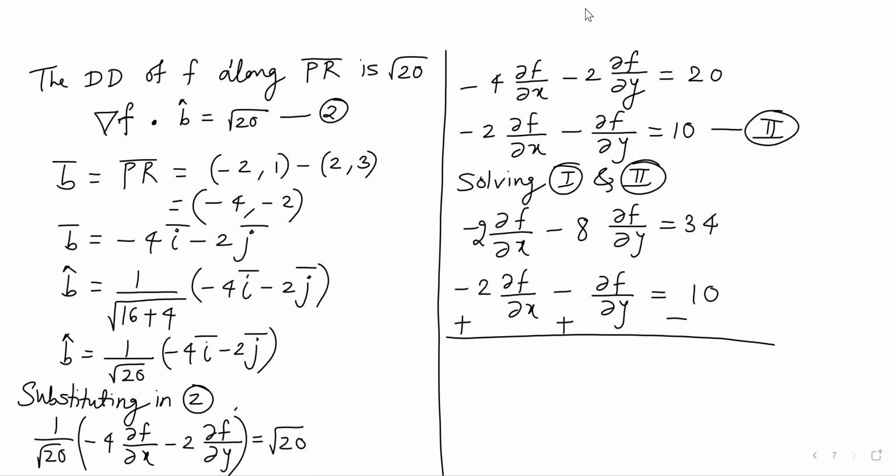So this will get cancelled. And here minus 8 plus 1 is minus 7. This is nothing but 24. Correct? So I get dabba by dabba y as minus 24 by 7. Correct?